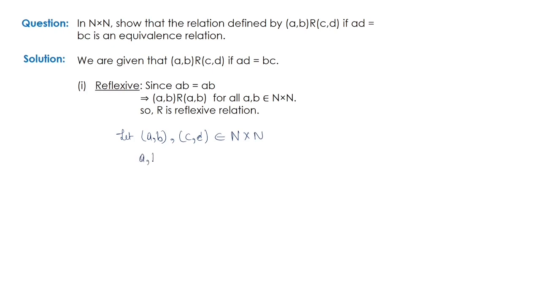That is, A comma B is related to C comma D. It implies that A into D is equal to B into C, and since they are commutative in nature, we can say that D times A is equal to C times B, and the left hand side can be written as CB and the right hand side as DA. Fine. Now they are both in multiplication, so we can say the left hand side of the relation contains what?